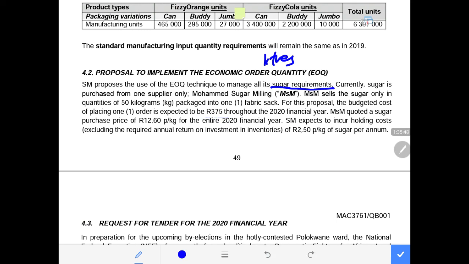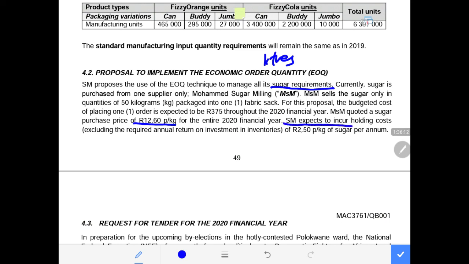For the 2020 financial year, MS quoted a sugar purchase price at R12.60 per kg. The purchase price is R12.60. But the ordering cost, the cost to place an order, is not per unit, it's just the ordering cost.